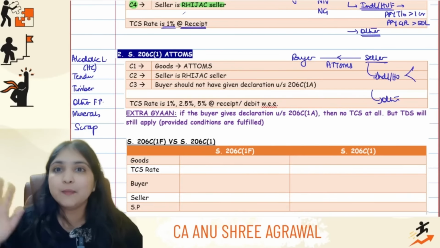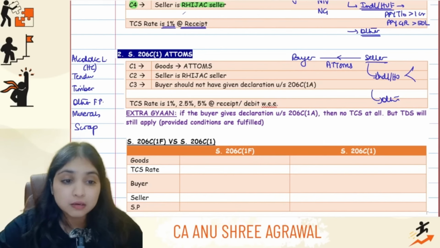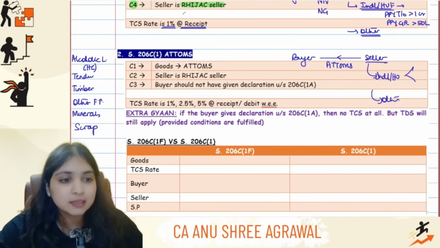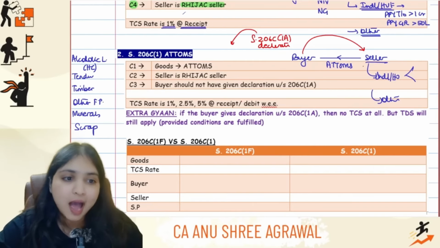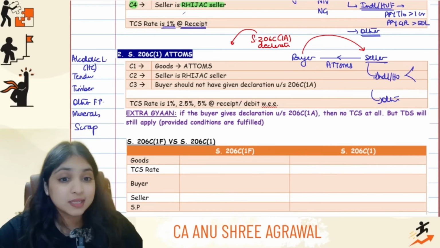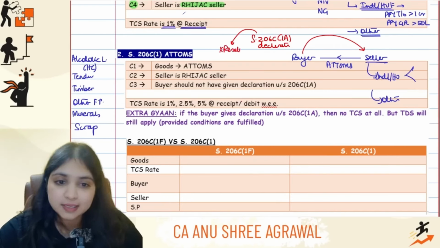Now very unique point about the buyer, okay, this buyer, see, sometimes what happens is the buyer will give to the seller one declaration. Sometimes the declaration is called as 206C 1A declaration. Now 206C 1A declaration means the buyer is saying in the declaration that, listen, I am buying atoms from you. Now these atoms, I am not going to resell these atoms, I am not going to trade in these atoms.